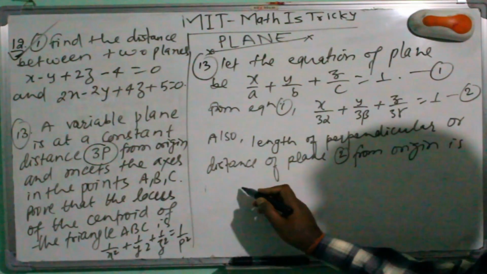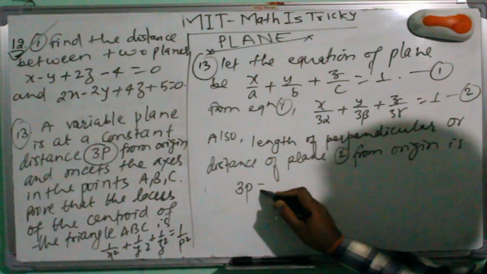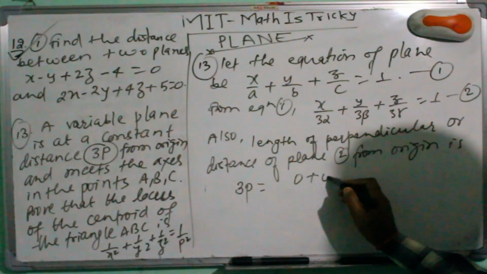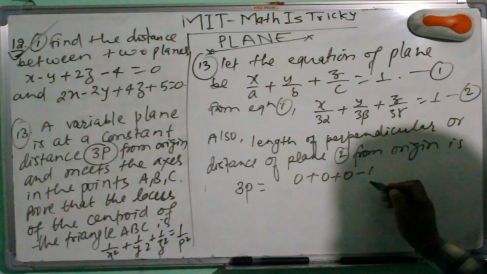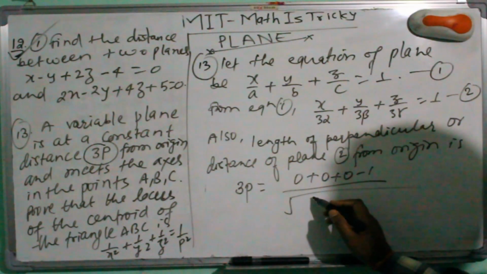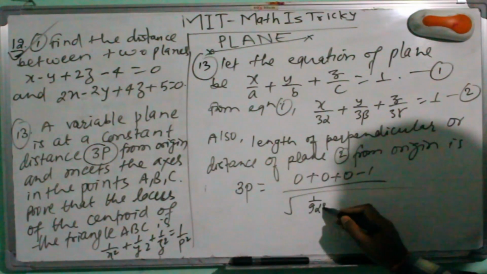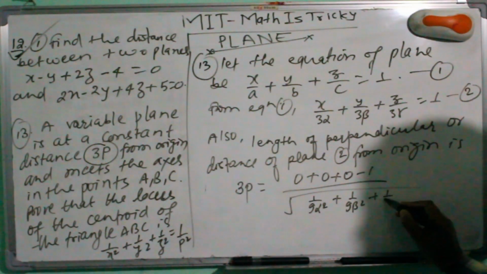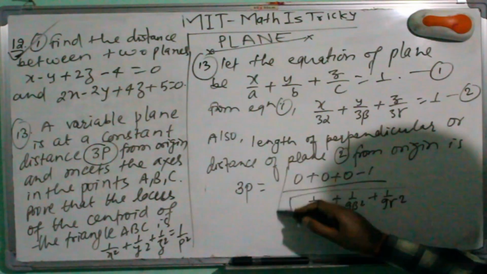It is 3p. It is given here 3p equals simply modulus of 0 plus 0 plus 0 minus 1, by square root of 1 by 9 alpha square plus 1 by 9 beta square plus 1 by 9 gamma square.